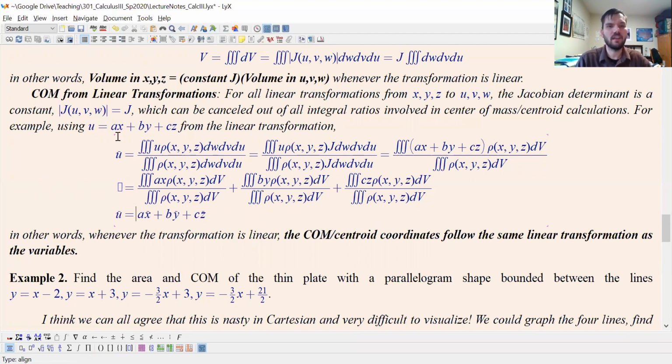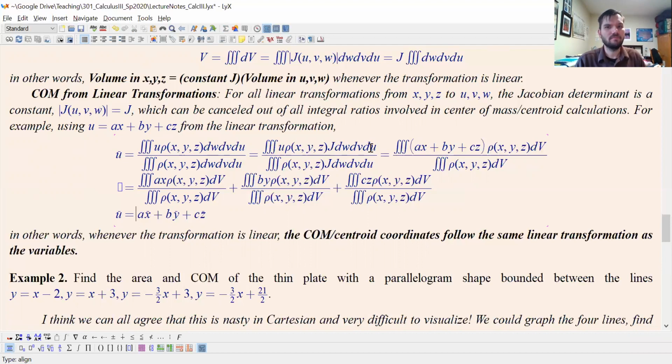How? Let's look at it. We dive in. Here, we'll throw it all in. We'll throw in the density function to get our mass. Everything is there. So if we compute the u bar, that's the moment of u times the mass function, the density function. I'll leave it in x, y, and z. You could think of it in terms of u, v, and w translated. Divided by that mass.